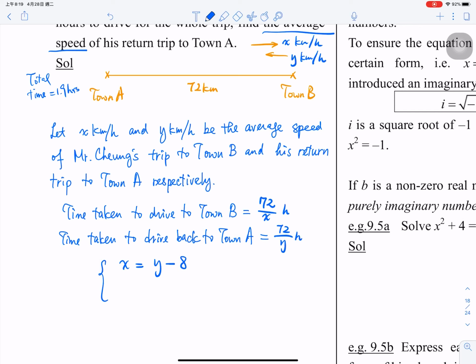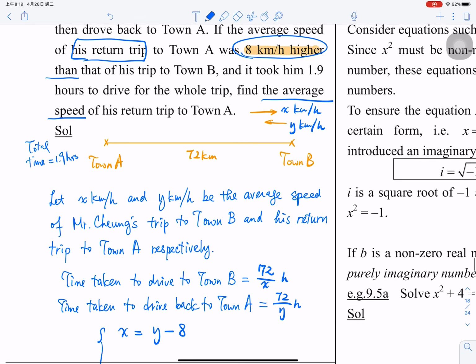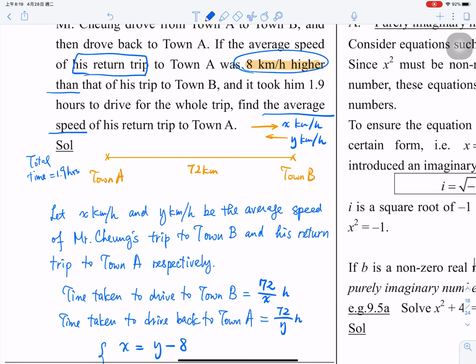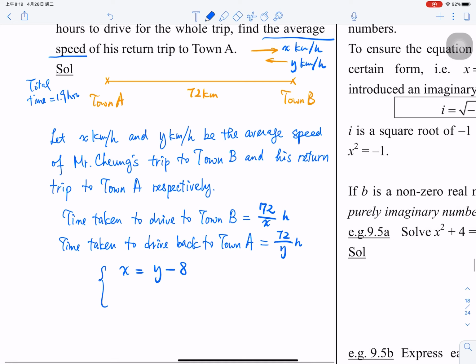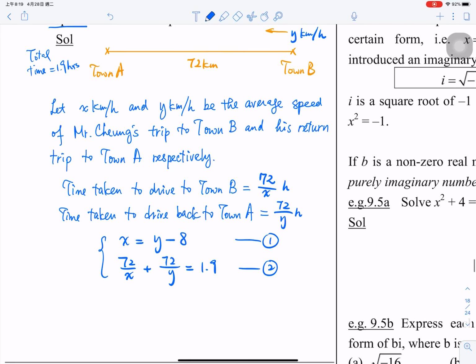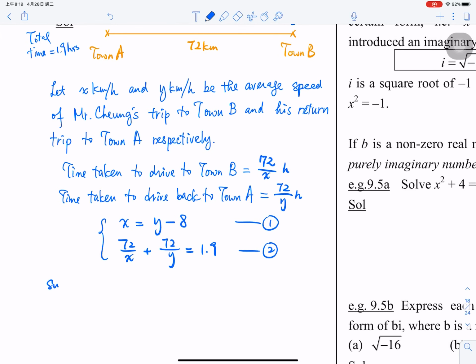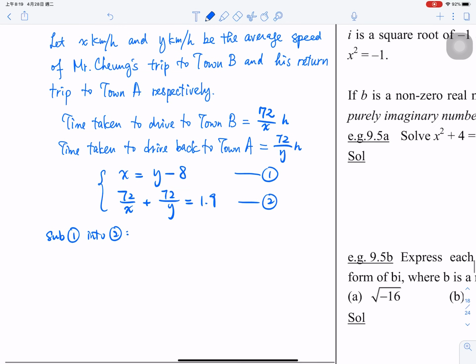Second one, total time taken: 72 over x plus 72 over y altogether equals 1.9, right? So this is equation 1 and equation 2. So substitute the first one into the second one. You see that 72 over x, now x is y minus 8, plus 72 over y equals 1.9.